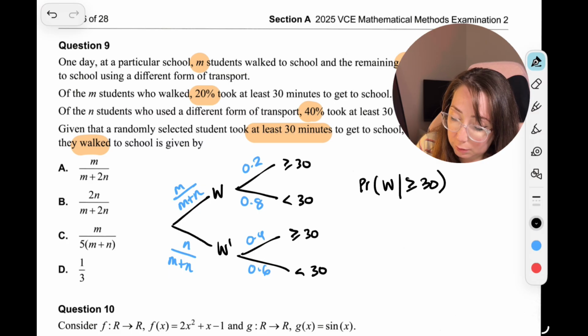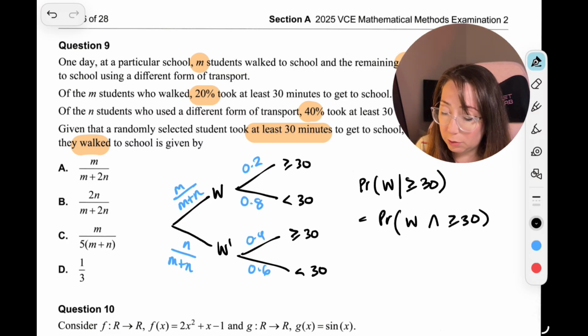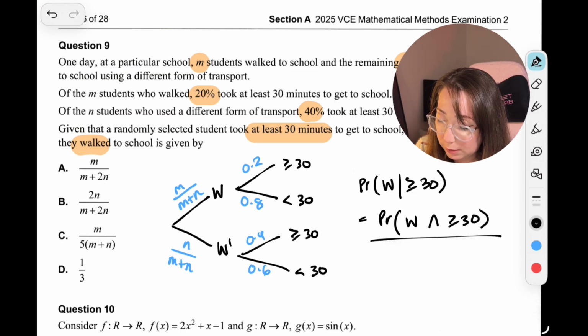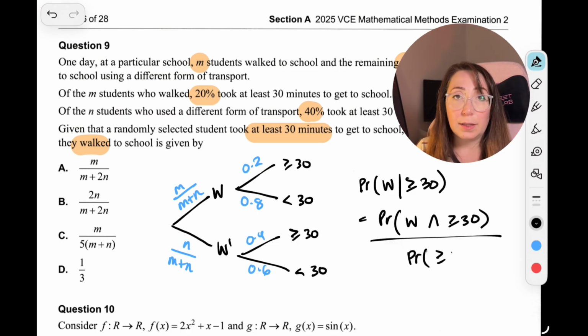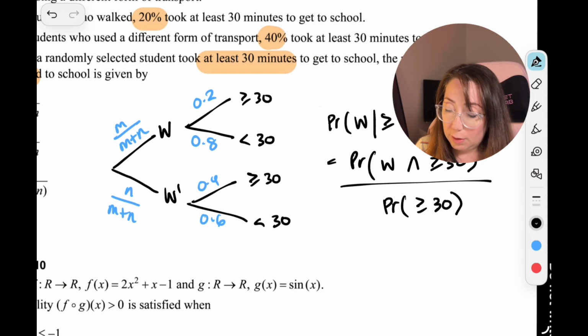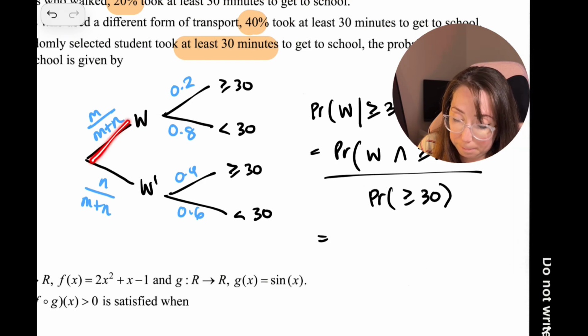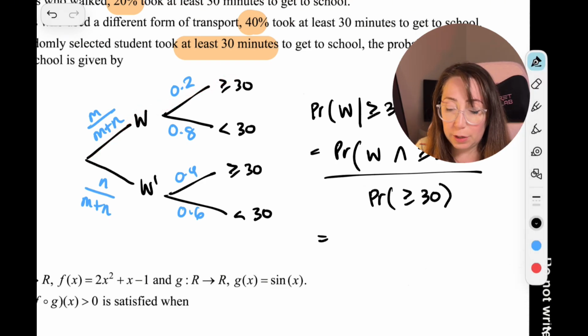Now when we work that out, that's the intersection there, nice and easy because you just multiply across over the probability that they walked to school that they took 30 minutes regardless of whether they walked or didn't. So that top part there is going to be me just multiplying these two branches. So that'll be 0.2, and I'm just going to convert it straight to fractions also.